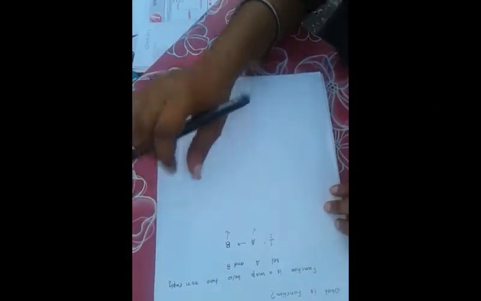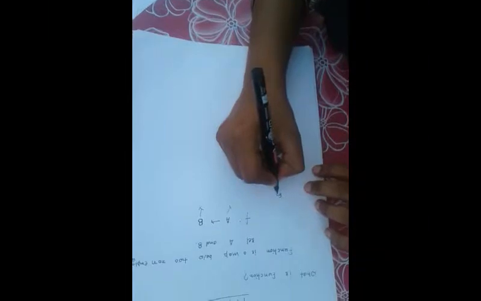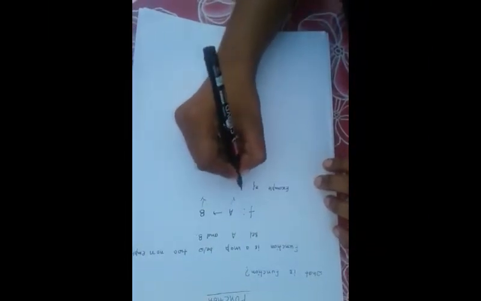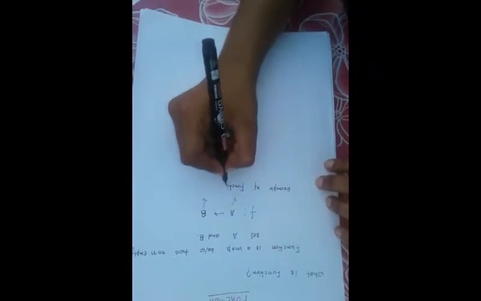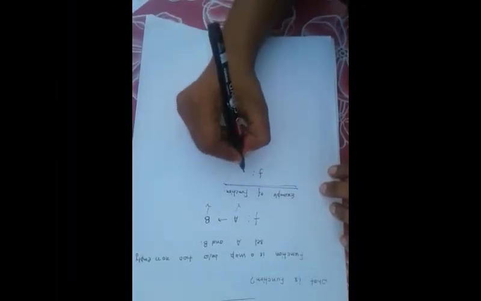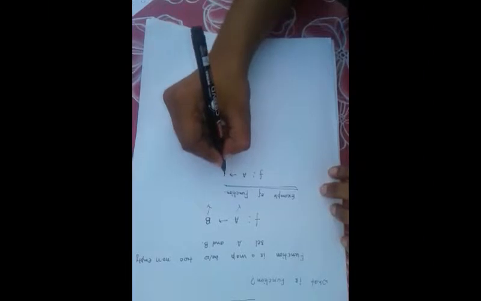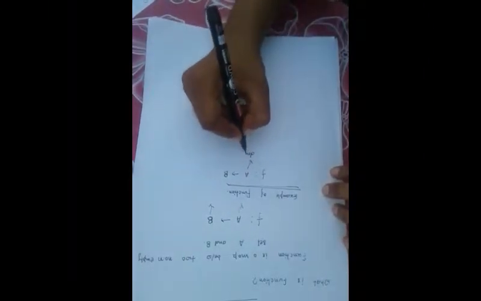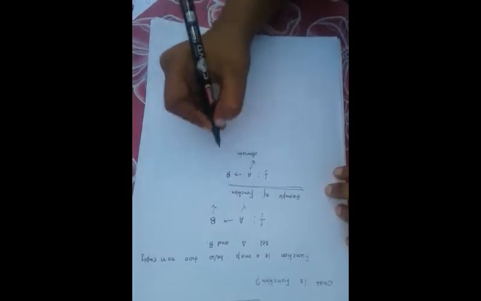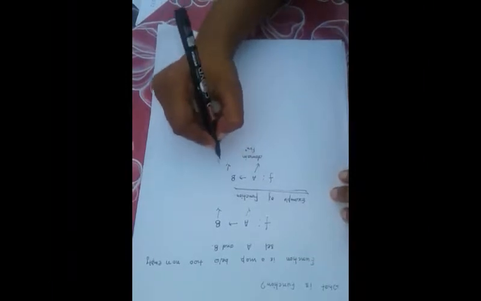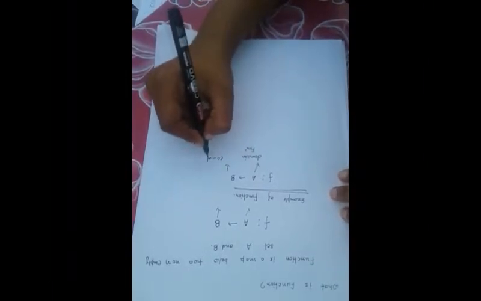Now we start with an example of a function. We choose f: A to B, where A is called the domain of the function and B is called the codomain of the function.